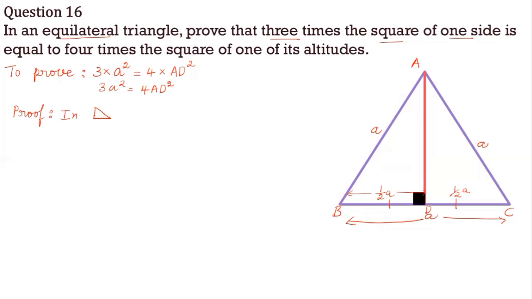In right angled triangle ADB, AB square is equal to AD square plus BD square.